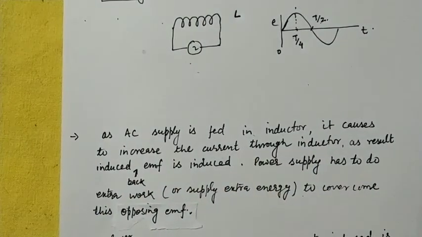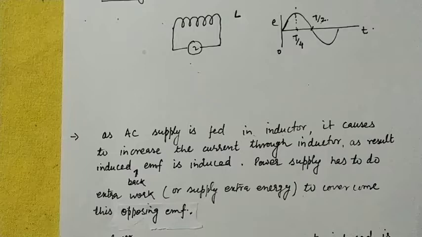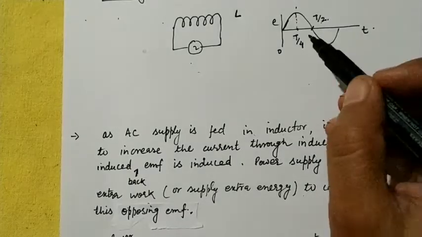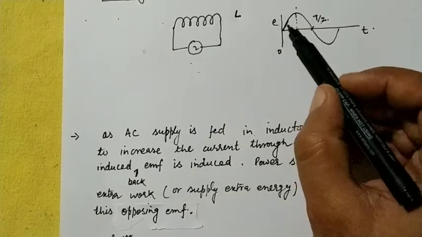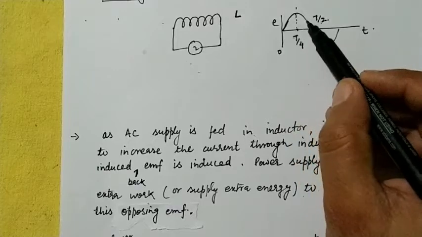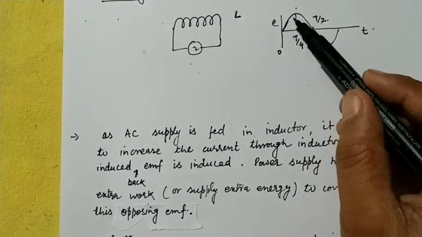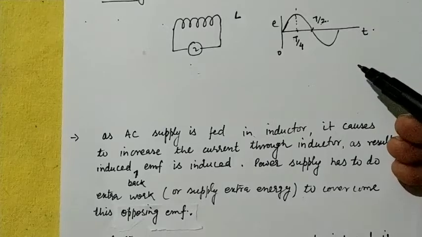Now let us discuss how the inductor behaves when AC is fed through it in terms of energy. We know that the AC power supply is represented by this sine wave.